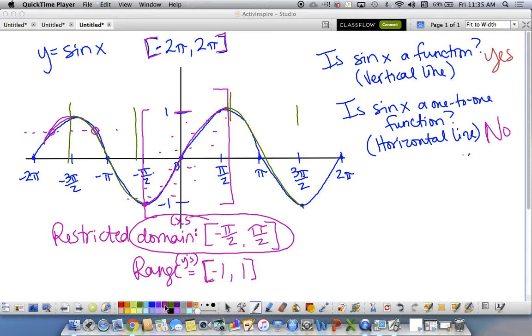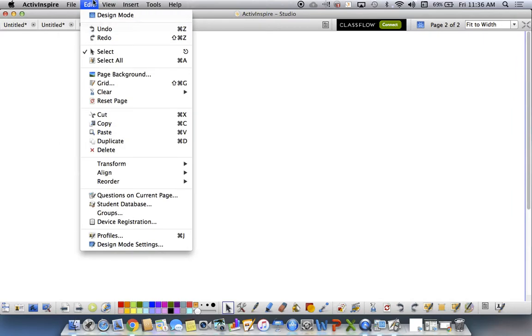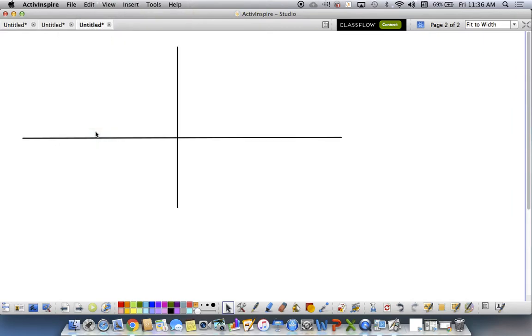Okay? We're going to keep going because now I want to graph the restricted domain. I believe I've done something. Oh, maybe I can't do it. I don't know. Let's see. Here we go. File. Paste. I did. Okay. Sorry.